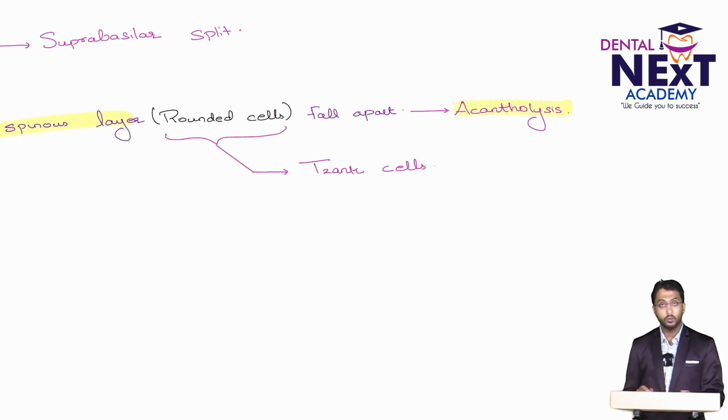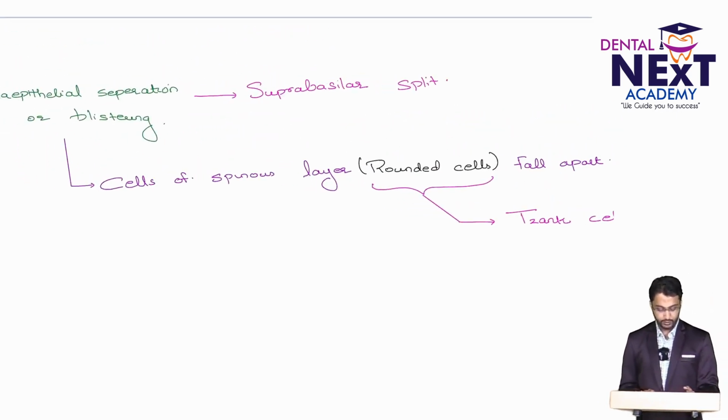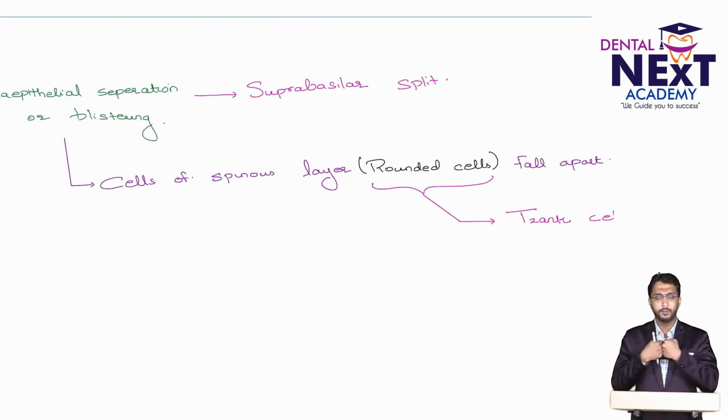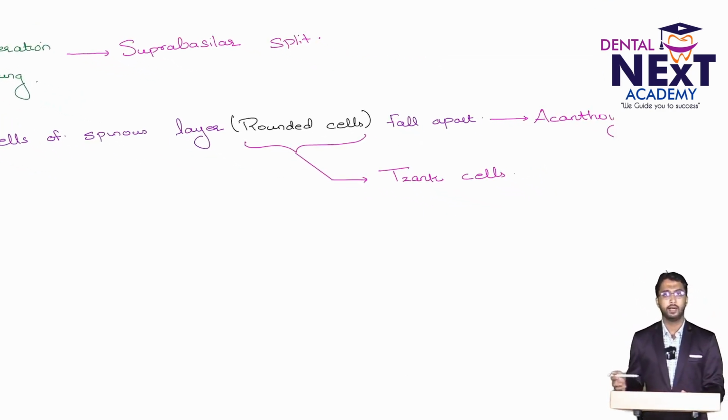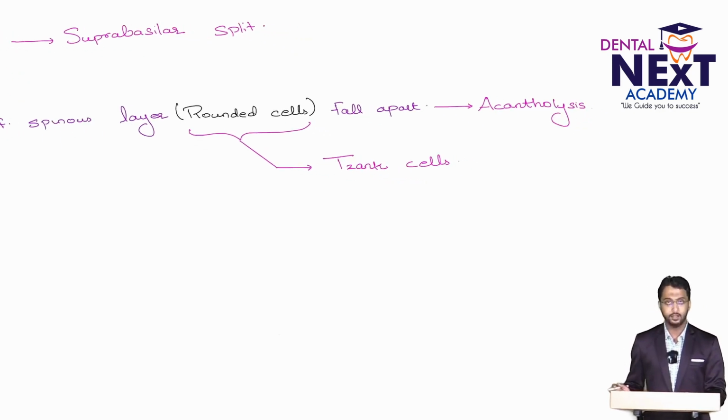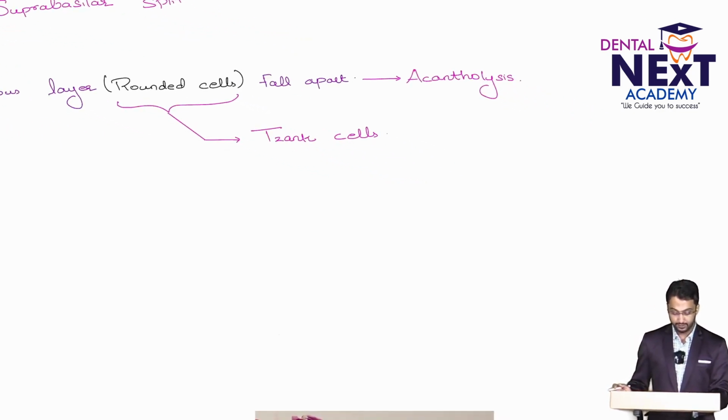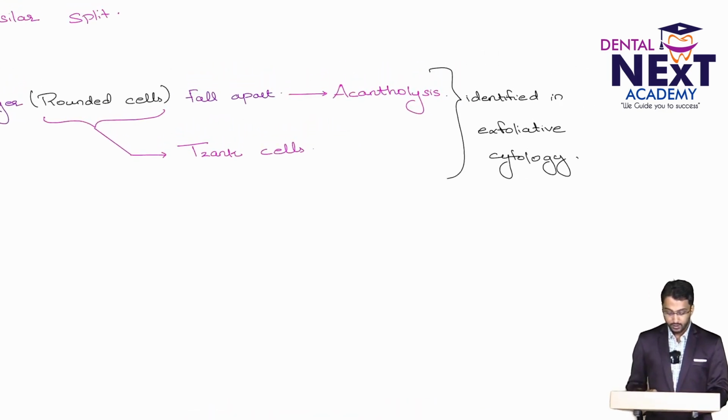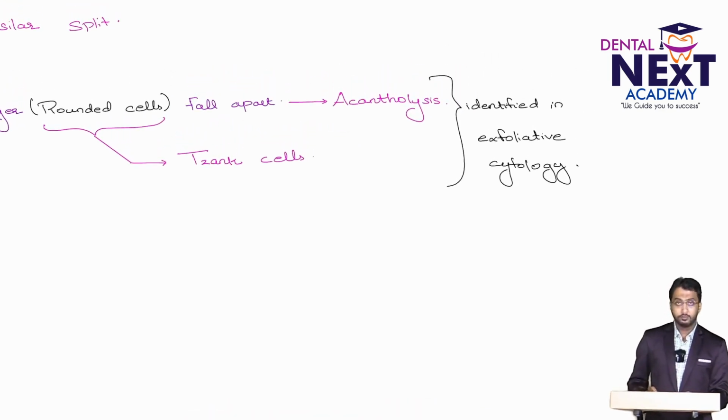We get acantholysis, which are round cells, and the name of these round cells is Tzanck cells. Don't confuse here. Desmosomes are affected, so as a result the spinous layer falls apart, which is known as acantholysis, and these spinous layer round cells are known as Tzanck cells. So they can ask you, Tzanck cells are seen in pemphigus vulgaris. Plus, now, I don't know if you have learned about exfoliative cytology.